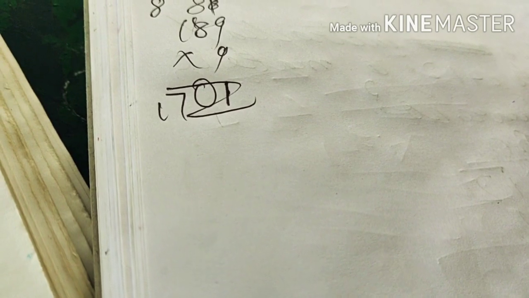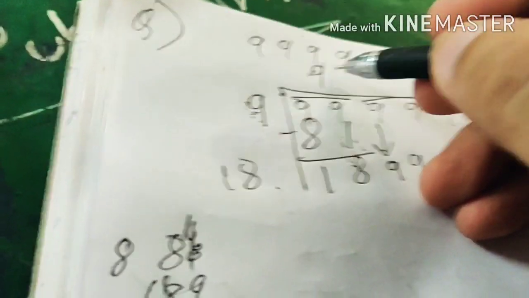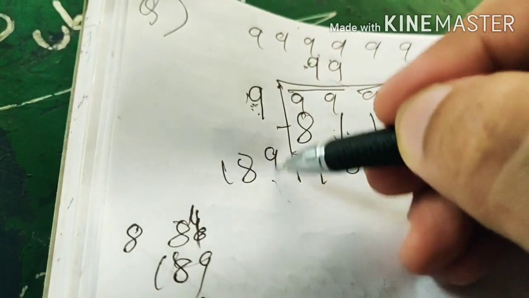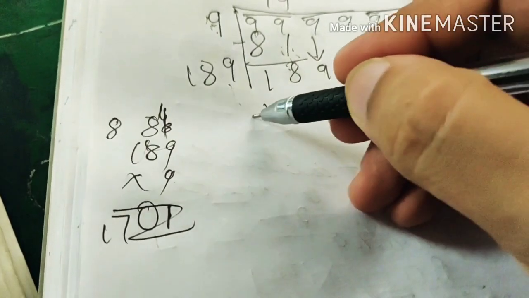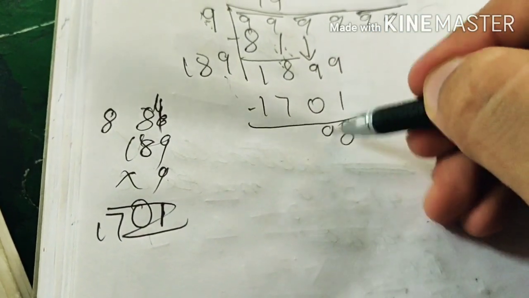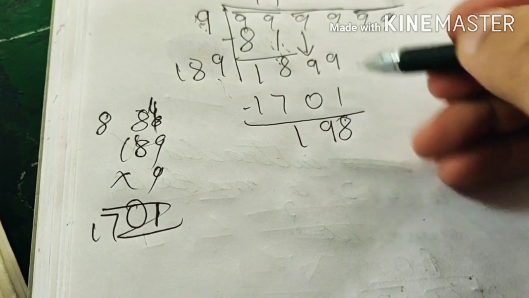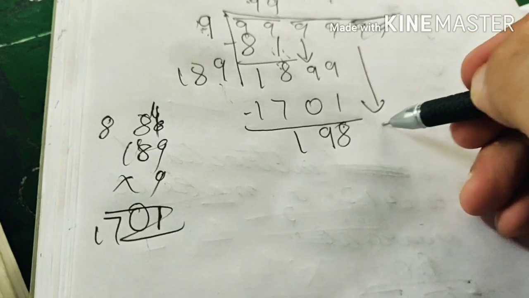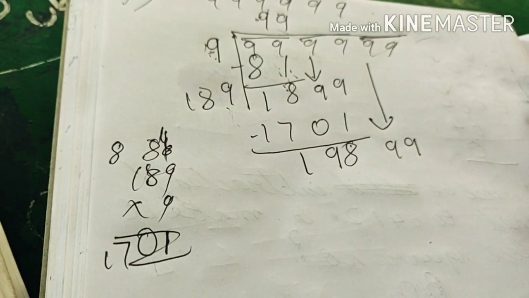Okay, so now what will we do? We will write here 189 into 9, that is 1701. What will we get here? 891, 198 as the remainder. Now we will take this number down, 99.